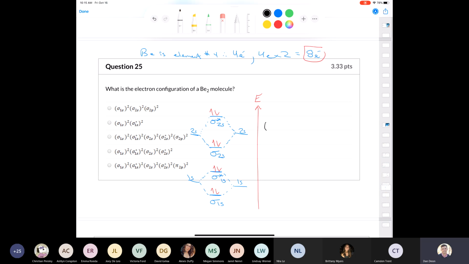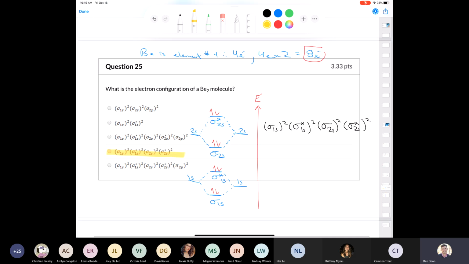I've got a sigma 1s with 2 electrons, a sigma star 1s with 2 electrons, a sigma 2s with 2 electrons, and then a sigma star 2s with 2 electrons. If I look at all these answers, the one that matches up with that is this one right here.